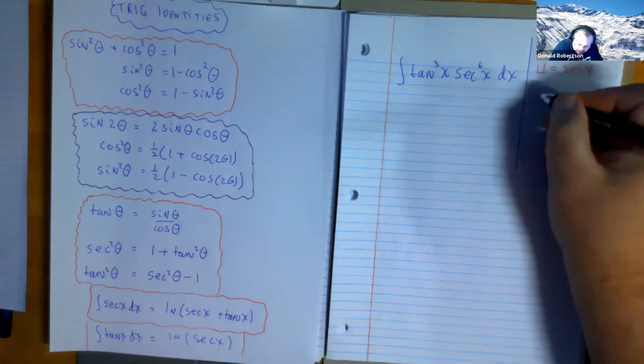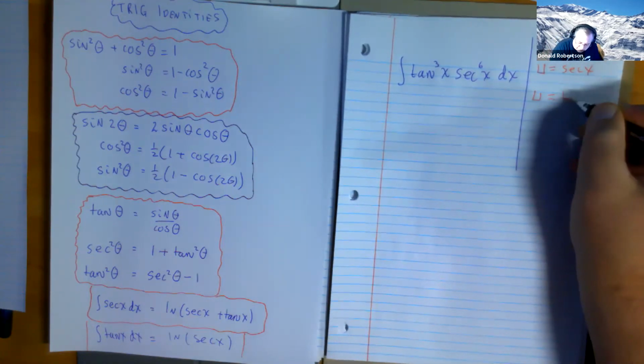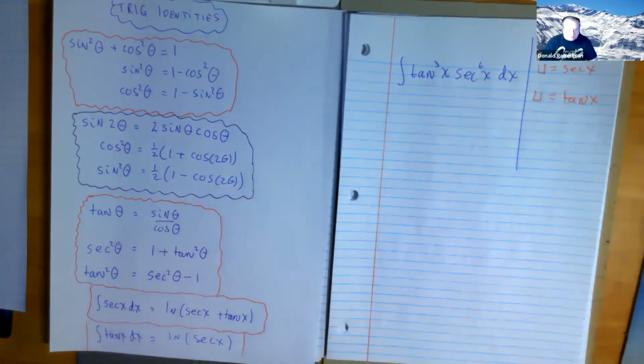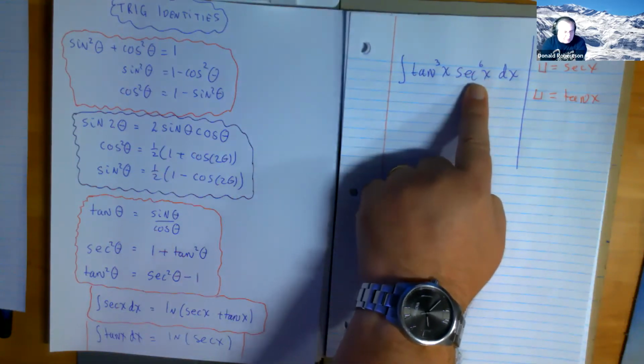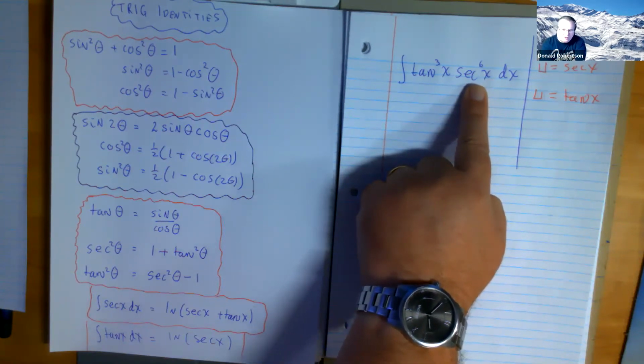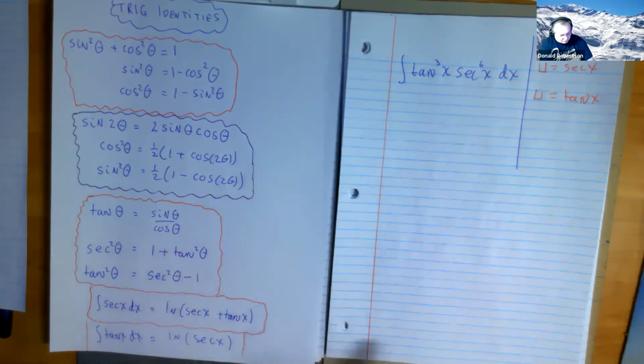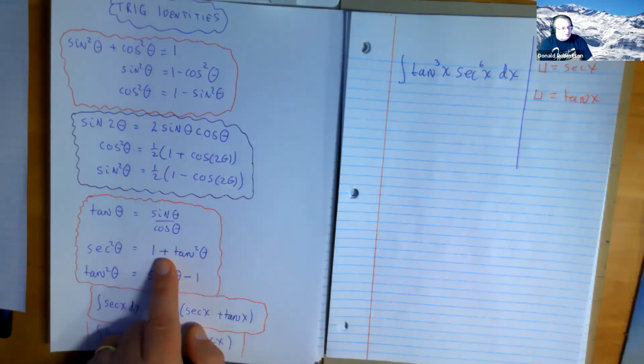Could the alternate tan x work? Well, if you differentiate a tan, don't you get a secant squared? So it'll use up 2 of these guys. That means I'm going to have a secant 4 left. Well, secant 4 is kind of awkward. It's just a secant squared squared, in which case I could do this, and that would work.